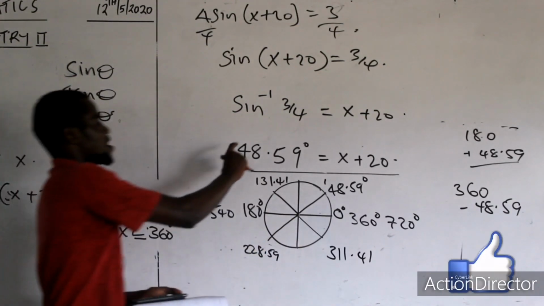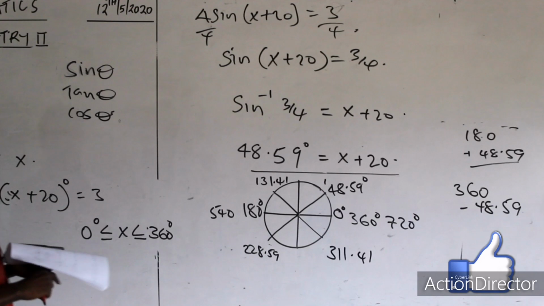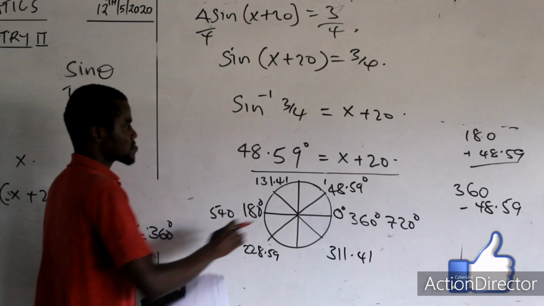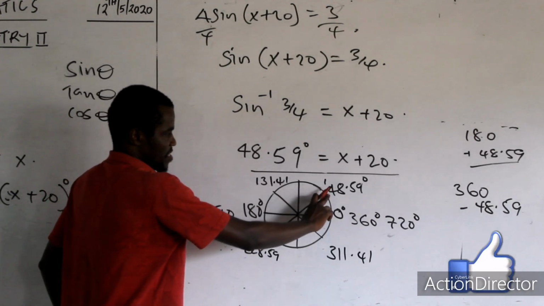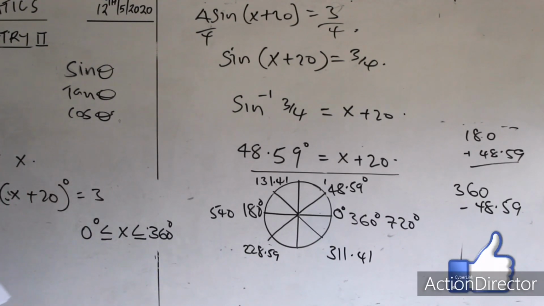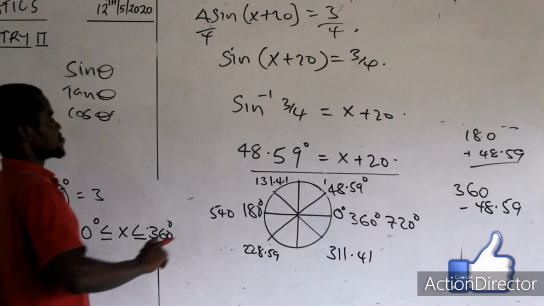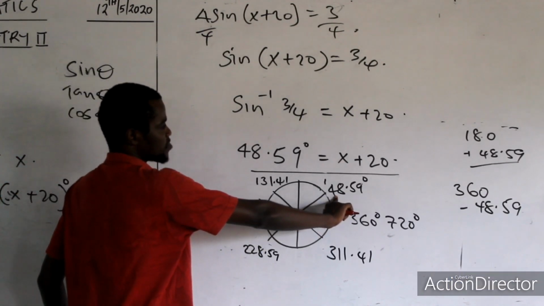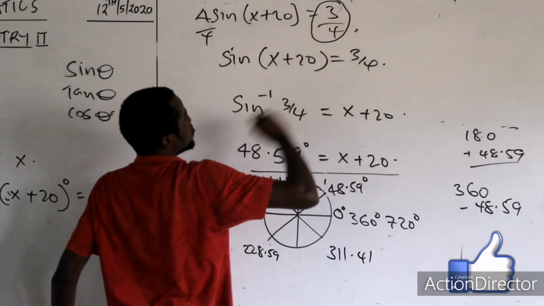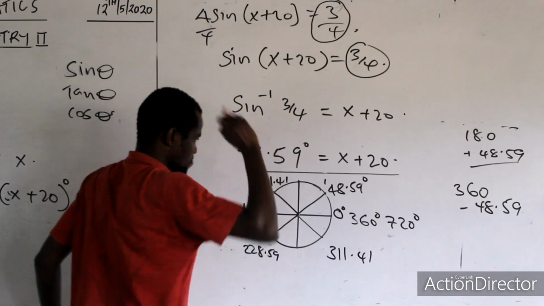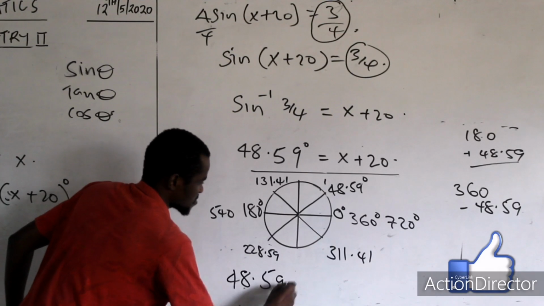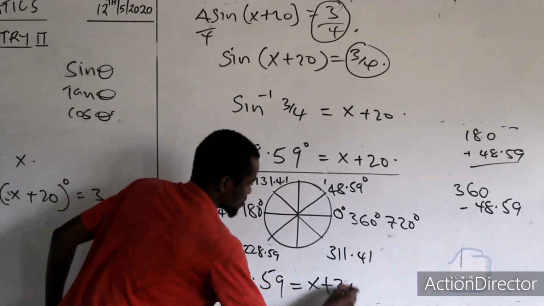So now we go back to the point where we reached with our solving. I will start with the angle found in the first quadrant. The angle found in the first quadrant is positive. It will give us a positive value, and as you can see, it is actually a positive value. It means we shall consider that. Therefore, we go ahead solving for x plus 20.